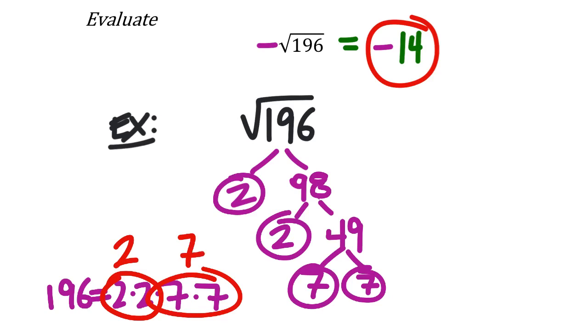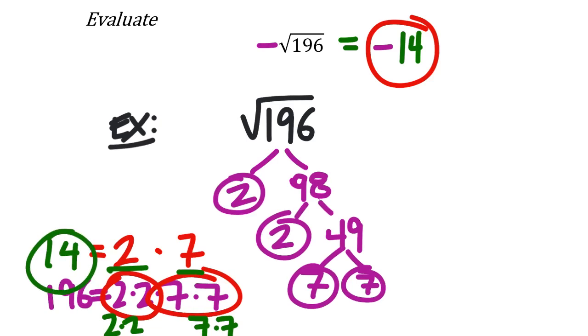What we do with those is we multiply those together, because these are considered independently perfect squares, right? 2 times 2 gives us a perfect square of 4, and then 7 times 7 gives us a perfect square of 49. So this is kind of like looking at the area of 2 different squares, and then we've just found the 2 side lengths which make those 2 perfect squares. So just multiply them because they came from the same number, and we get 14 again.